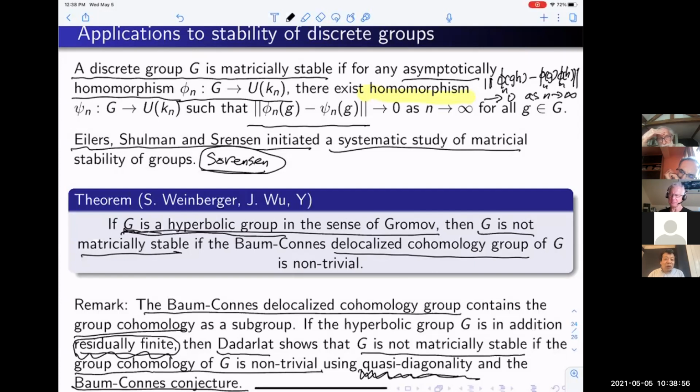So this is part of the last theorem, to be able to claim whether some group is matricially stable. Yes, this is the purpose of the last theorem. Okay.